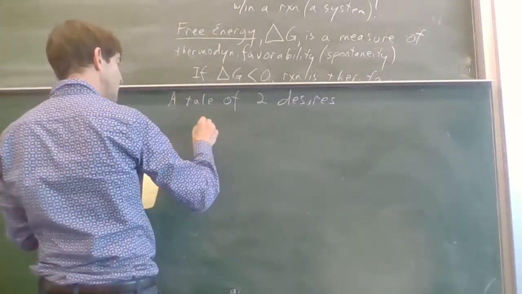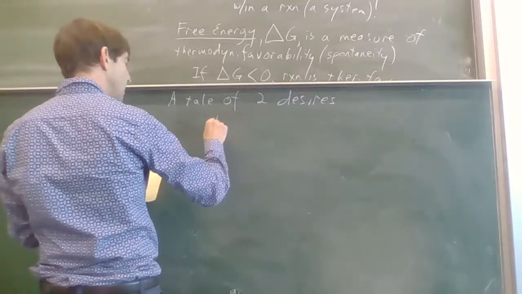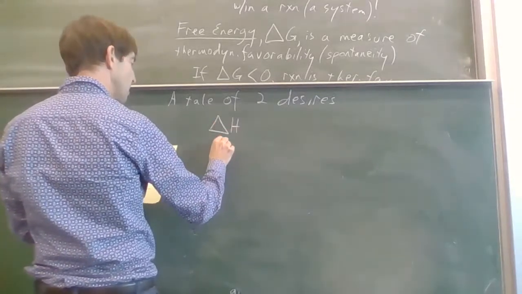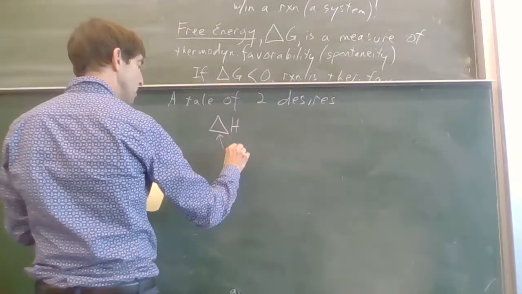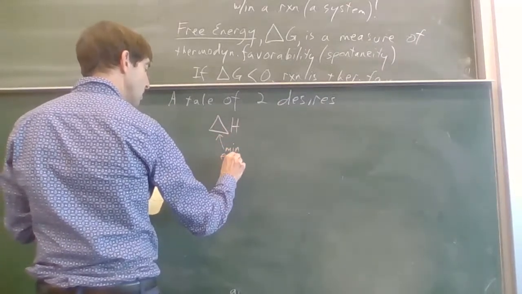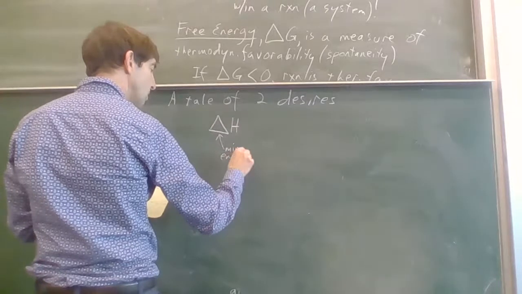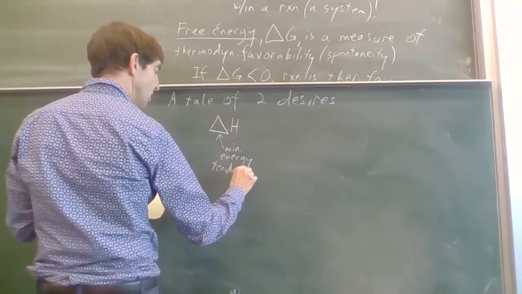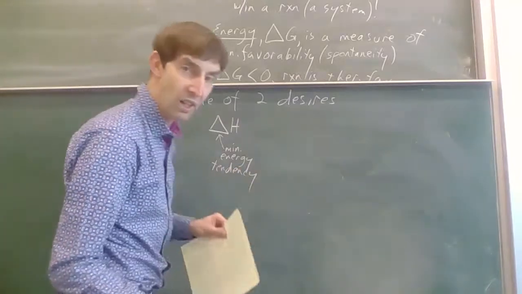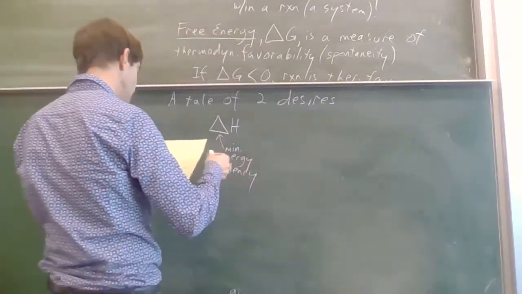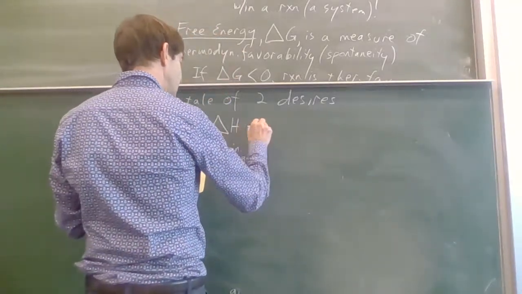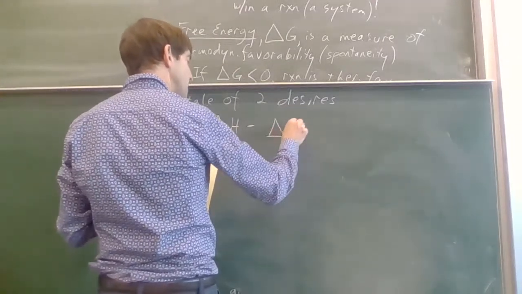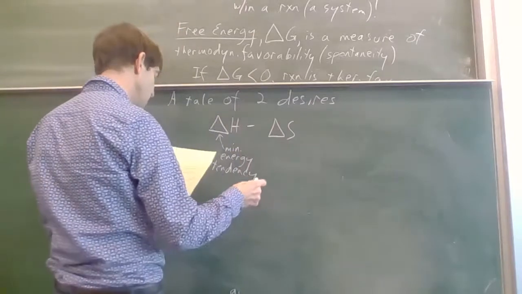On one side, I've got delta H. That represents the minimum energy. I'll call it a tendency instead of a desire. Okay, tendency is a lot less romantic, but there you go. And I'm going to subtract the delta S, and let's leave a little space here.